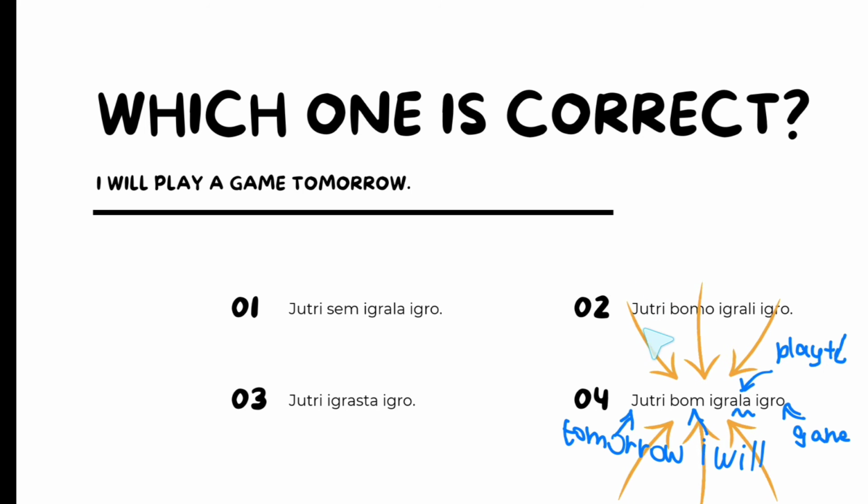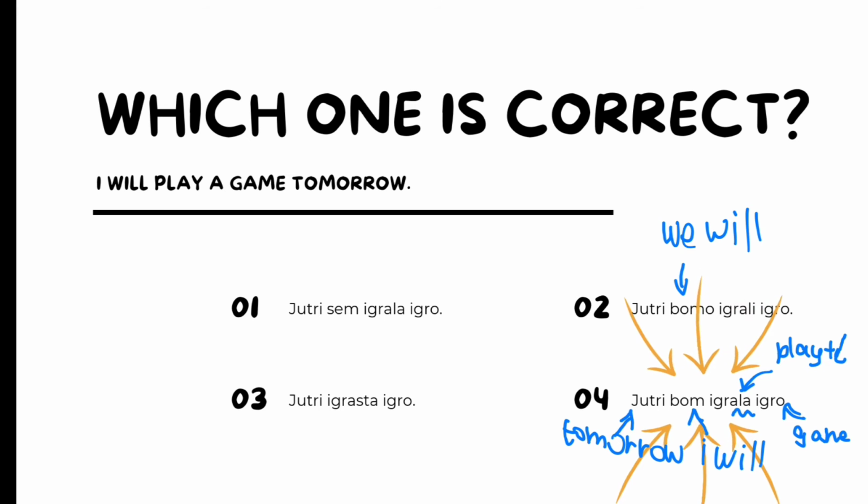But it is very likely you chose the second option. Jutri bomo igrali igro. The reason why this is wrong is because, yes, this means tomorrow. Bomo, we will play game. But it's bomo, we will.